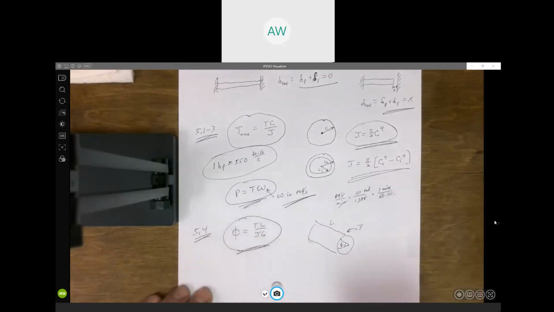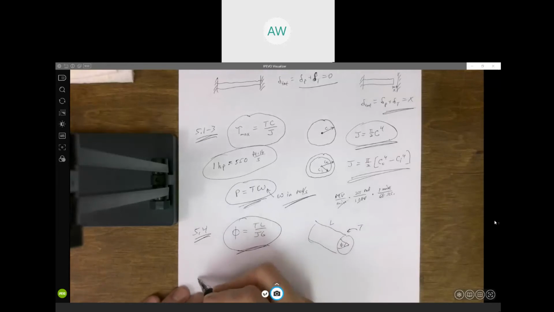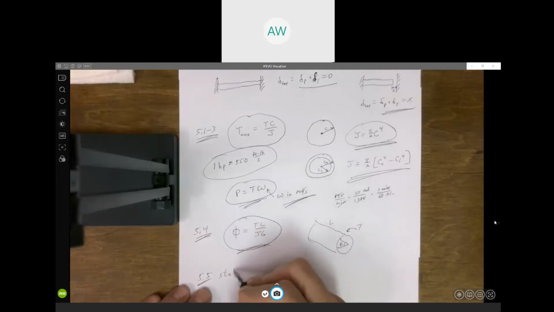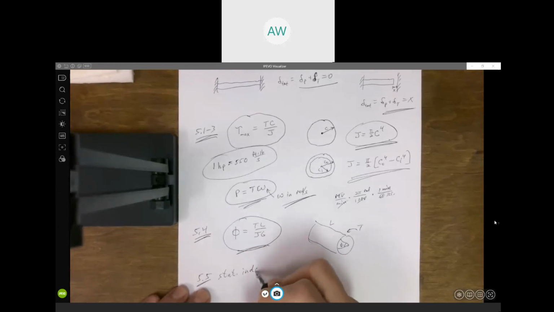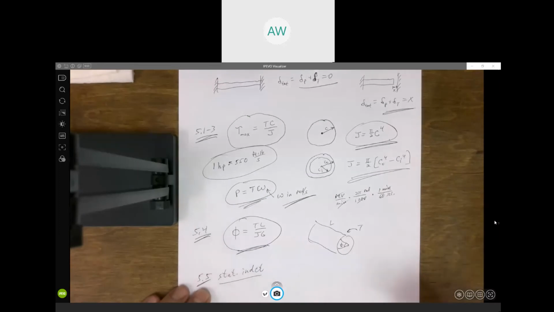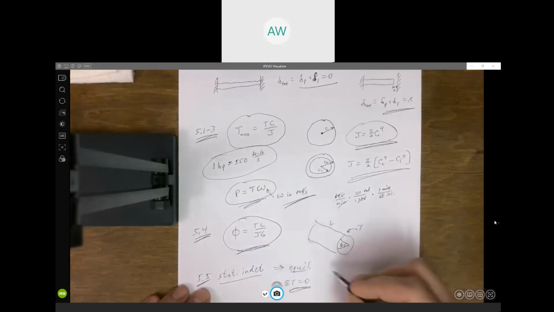And let me go ahead and write this down, and we'll just open up to any questions. That last section we did, again, was the statically indeterminate. And again, just like before, it's really not anything new. It requires equilibrium. Here, the sum of the torques equals 0.